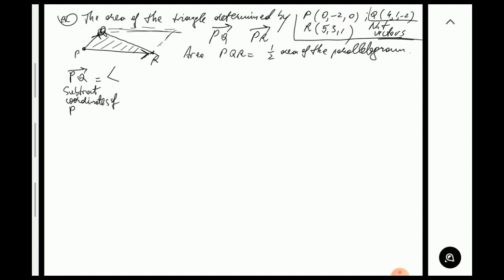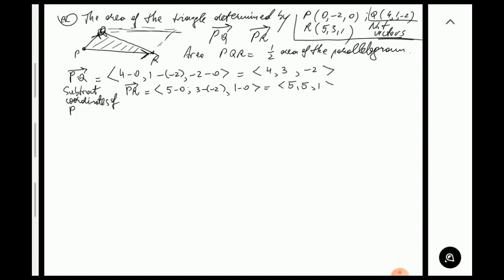So I look at the terminal point of PQ, which is Q, and subtract the components of P. So PQ in component form should be (4, 3, -2). Same thing for PR: subtract (0, -2, 0) from R, so 5 minus 0, 3 minus negative 2, 1 minus 0: (5, 5, 1).